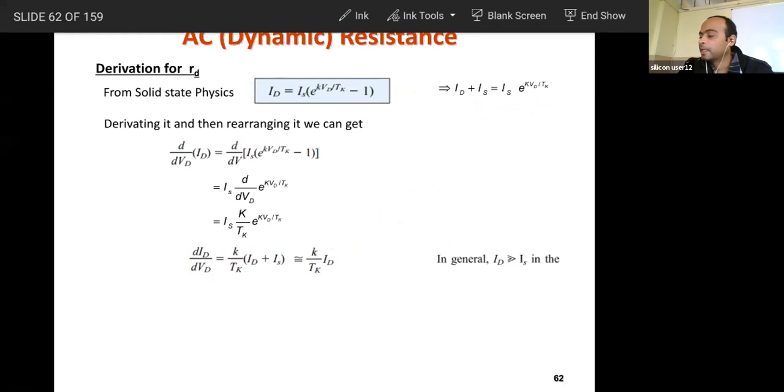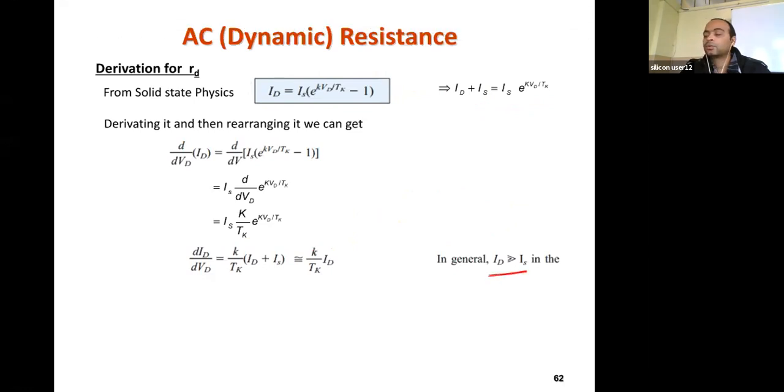Now normally ID is much greater than IS. Yes or no? Already I have told you, look at this graph. ID means after your knee voltage, this is a direct current, a very large current. And IS is almost horizontal, its value is very low. Why? Because IS is the current due to the minority carriers, whose amount is very small. So ID is much larger compared to IS, and in those scenarios we can neglect IS compared to ID.